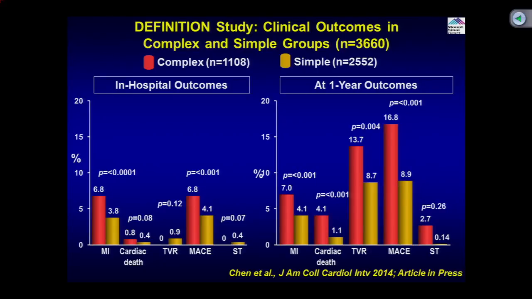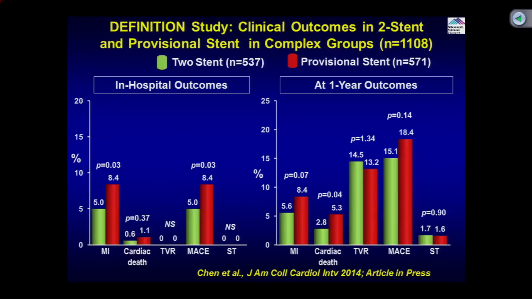But that we understand, simple. More important was, in these 1,100 patients of the complex group, do you do a 2 stent strategy or 1 stent strategy? Again, remember, this is the center which is very well known for 2 stent strategy. And I would say there are very few data to support 2 stent strategy, and here is one.